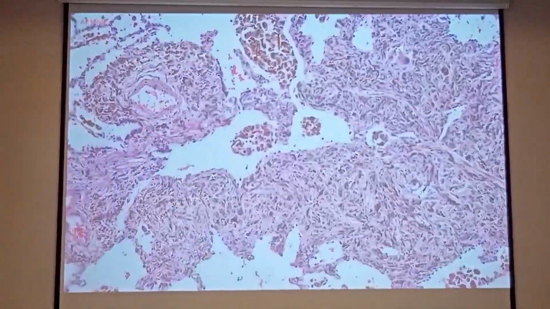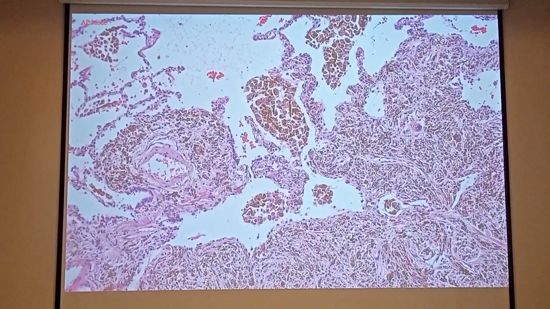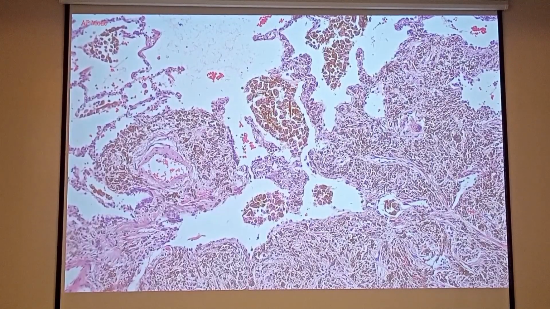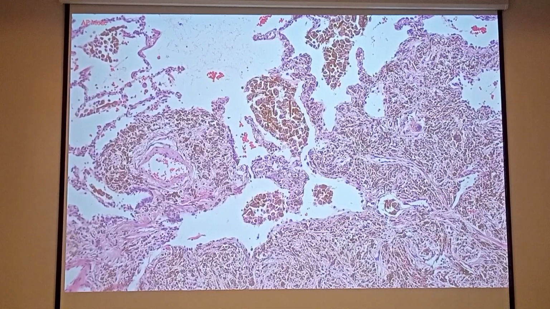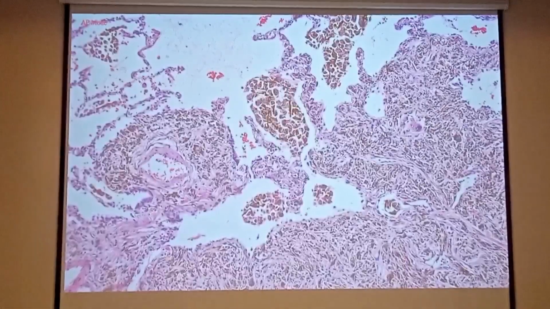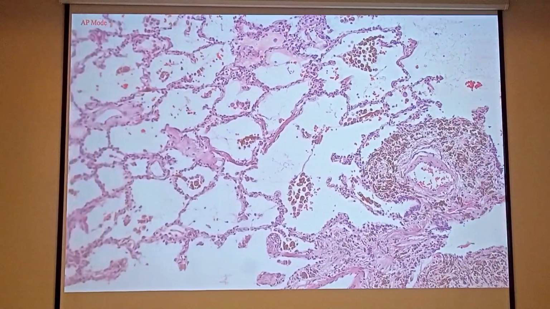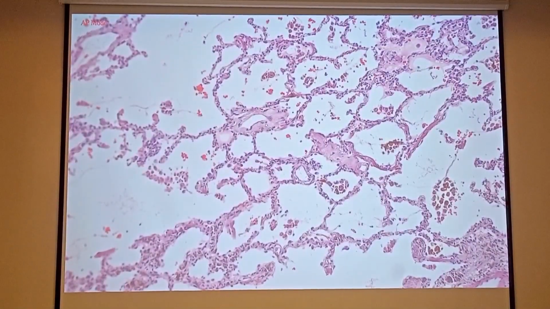But wait, there is more. Look at those things. They look like, and this one looks like, a cotton bud. Cotton buds. Sa mga Amerikano, ang tawag nila ay Q-tip. You know, Q-tips.